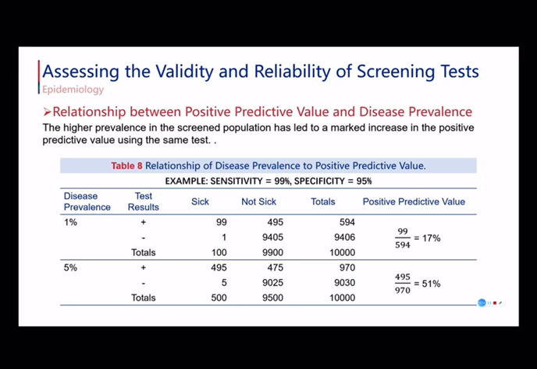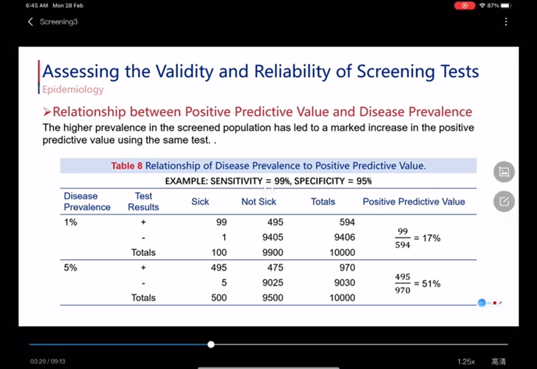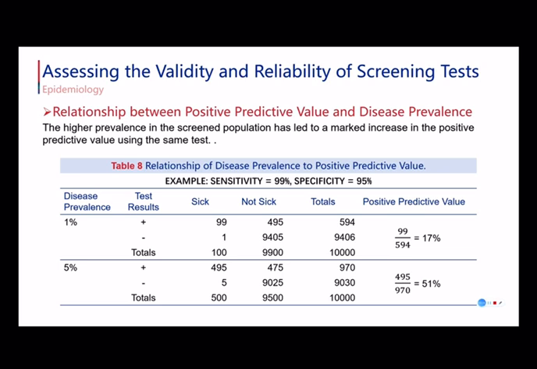With a specificity of 95%, the test correctly identifies as negative 9,405 of the 9,900 people who do not have the disease. Thus, in this population with a 1% prevalence, 594 people are identified as positive by the test, 99 plus 495. However, of these 594 people, 495, 83%, are false positives, and the positive predictive value is therefore 99/594ths, or only 17%.